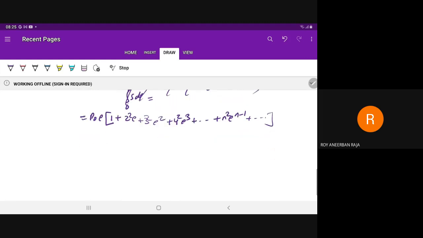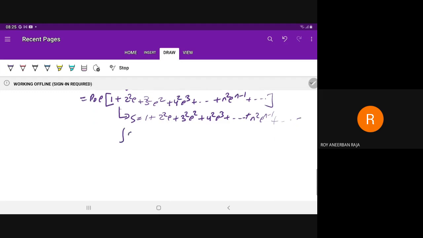Now assume this as s. So s is equal to 1 plus 2 square rho plus 3 square rho square plus 4 square rho cube plus n square rho to power n minus 1 and so on.